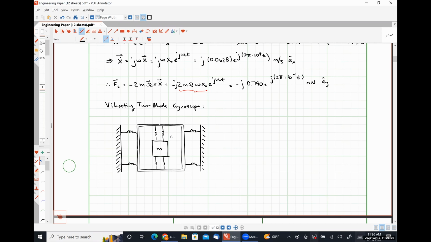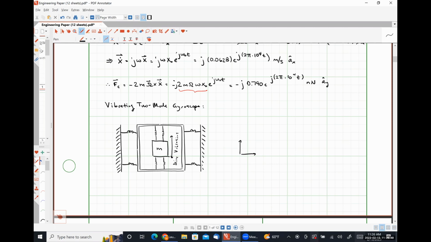And so if we imagine that this axis is our drive mode, so this is where we're going to experience drive vibrations. Let me put down a coordinate system here.